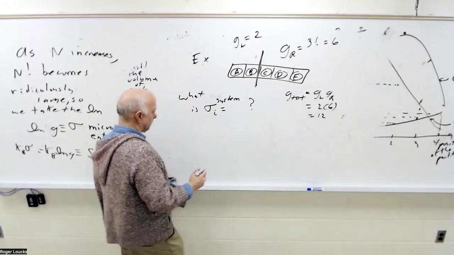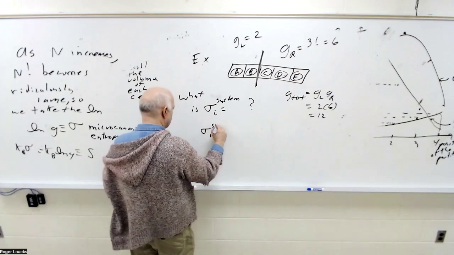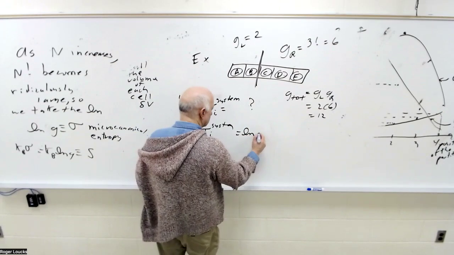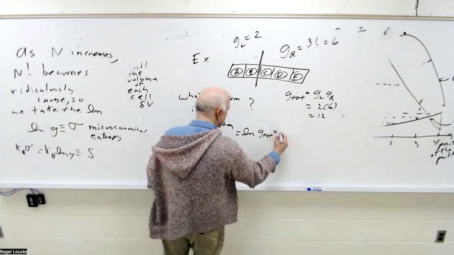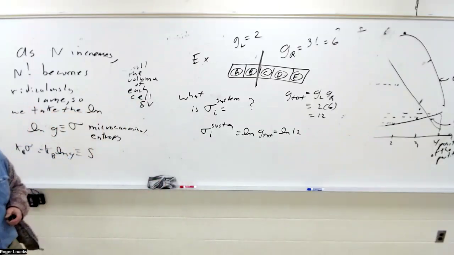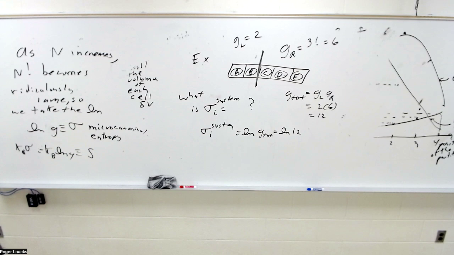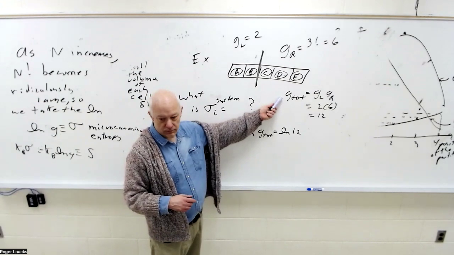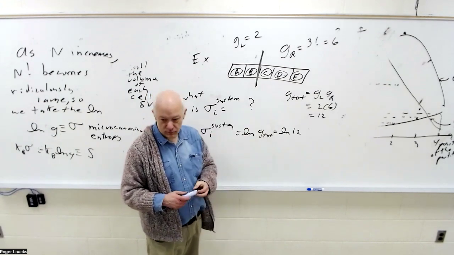So our initial system here, our initial sigma, is just the ln of this 12 here. Now, what kind of neat thing did we find with that as well? What's another way to write that? If I take the logarithm of this, what does that also equal?